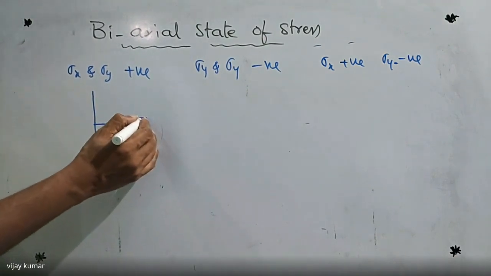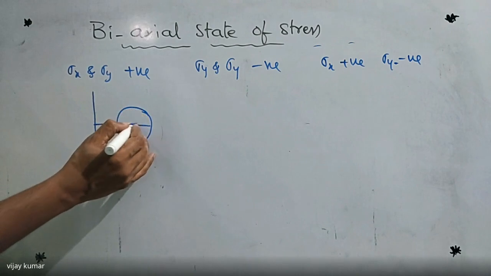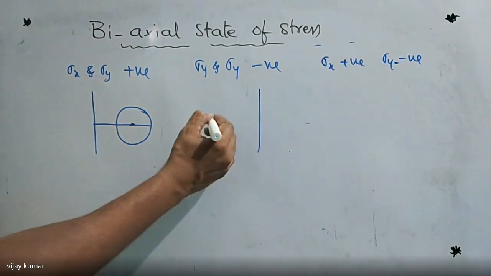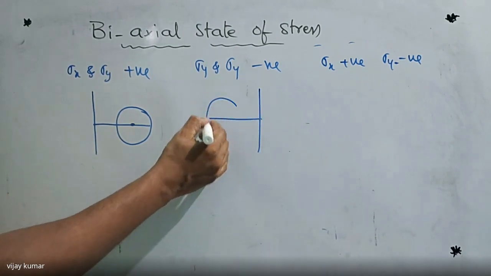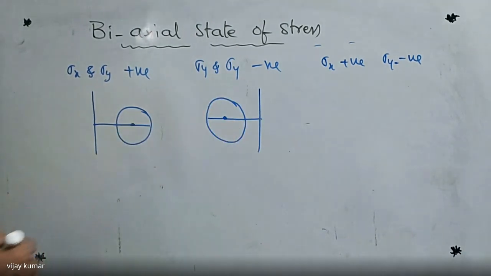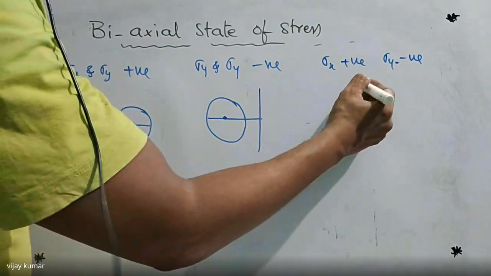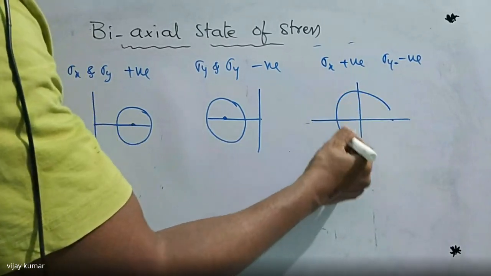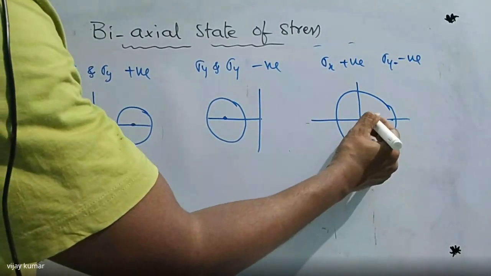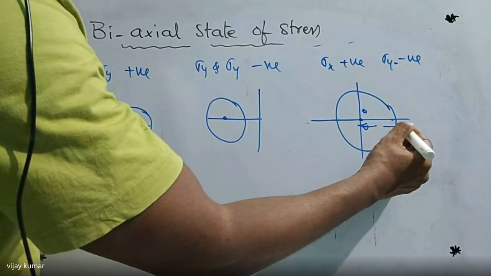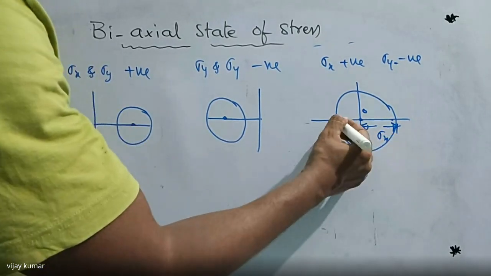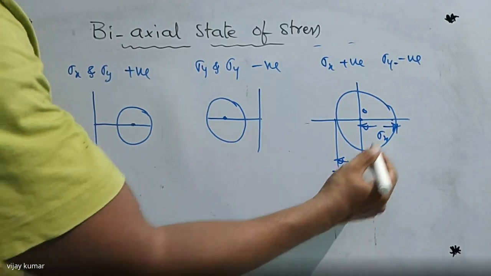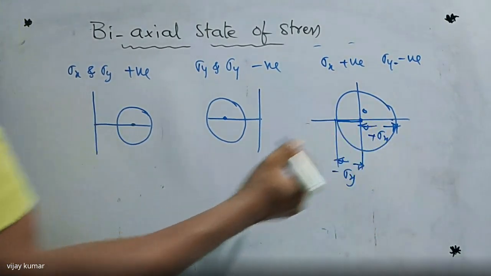When both are positive, this is the Mohr circle, this is the center. When both are negative, we get the circle like this, and this is the center of the Mohr circle. When one is positive and one is negative, we get this circle. Up to this one is 0, up to this value is sigma x, and up to this value is sigma y. Why? Because sigma y is negative, sigma x is positive.